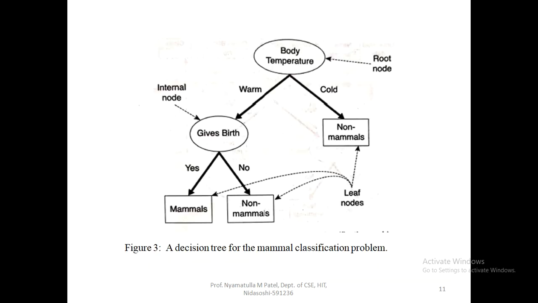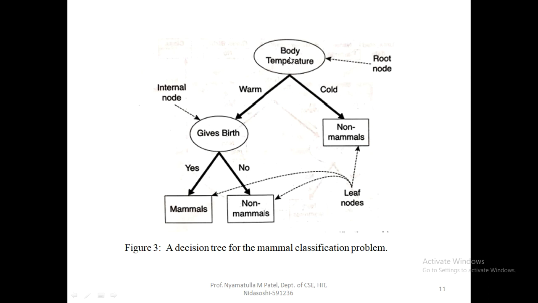Consider, for example, here is a decision tree for a mammal classification problem. Here we are taking mammals into consideration, and I am going to decide whether an animal belongs to the class mammal or non-mammal. So what are the different test conditions here?